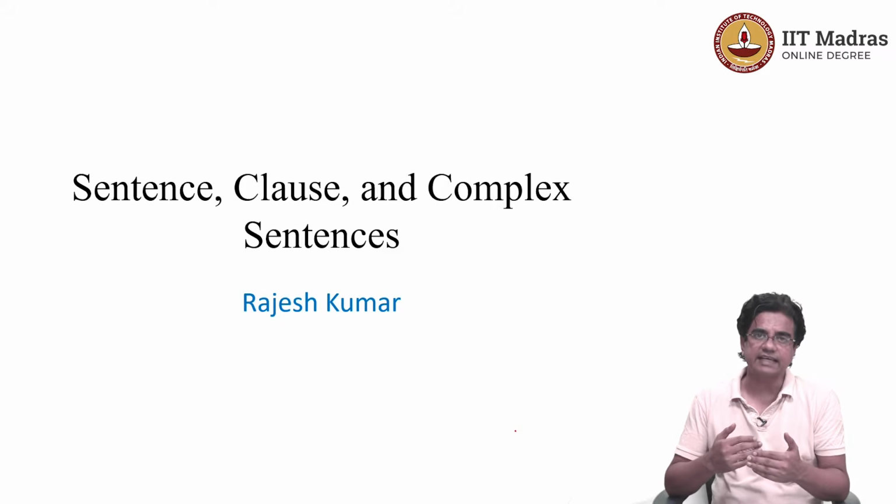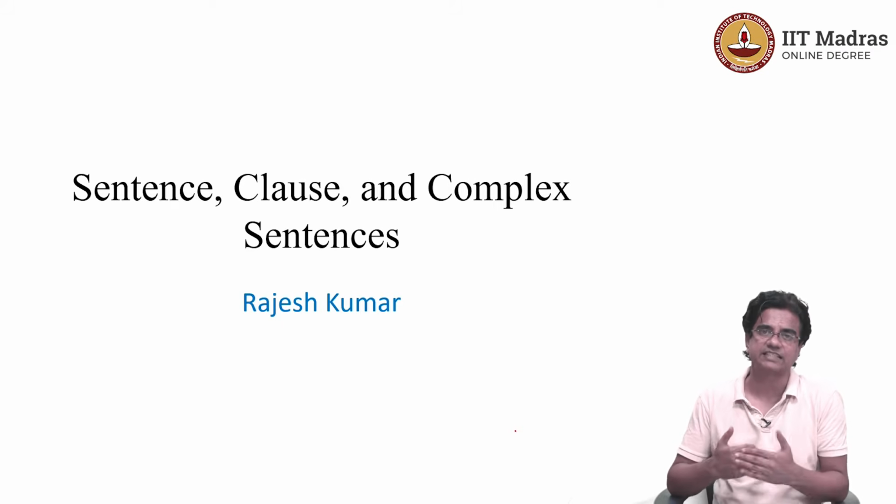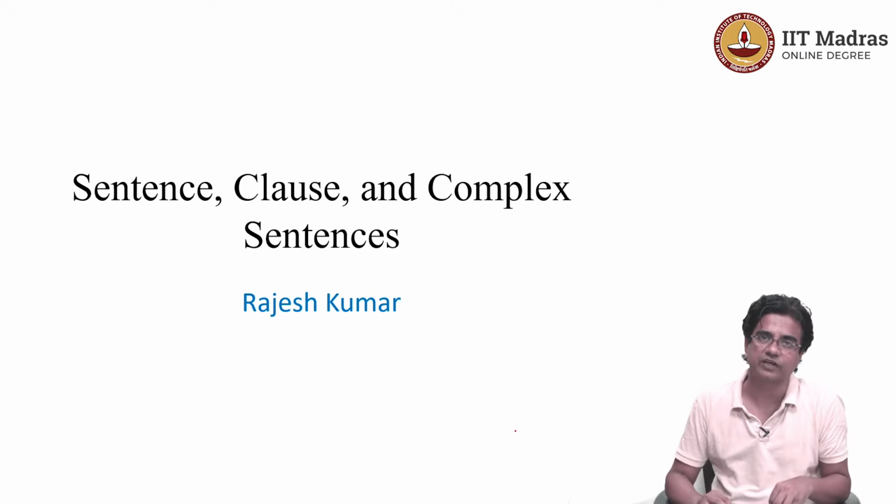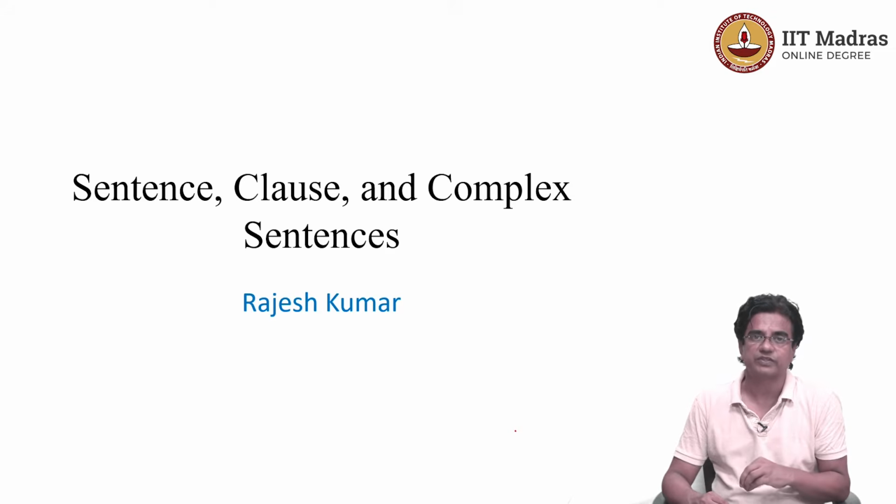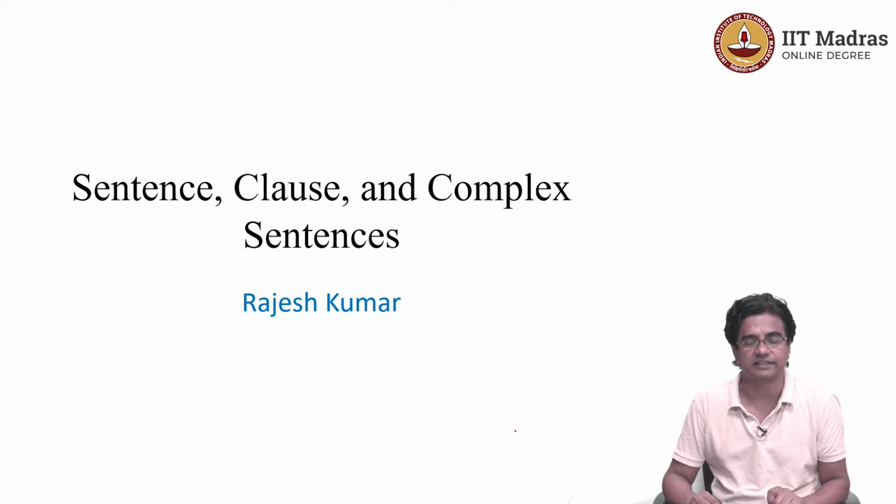A sentence can have another sentence as its subordinate clause. And the dependence of that clause on some constituent of the main clause makes that clause a subordinate clause. And the larger sentence is a complex one. That is a complex sentence.